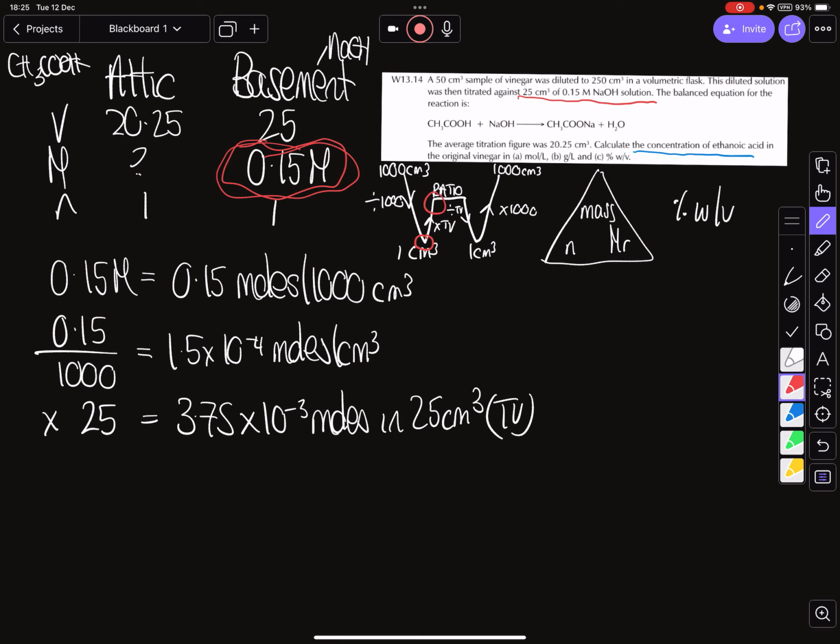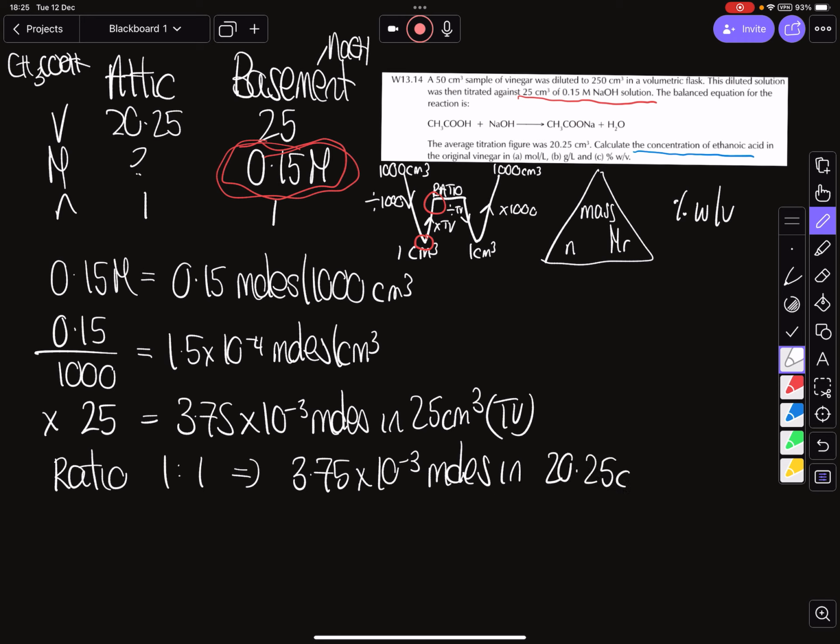So we've now gone up to this part of our W. We then apply our ratio, which is 1:1, so it implies that there must be then 3.75 by 10 to the minus 3 moles, but this time it's going to be in the 20.25 centimetres cubed in that titer volume. So we've now applied our ratio, so we're over on this part of our W.